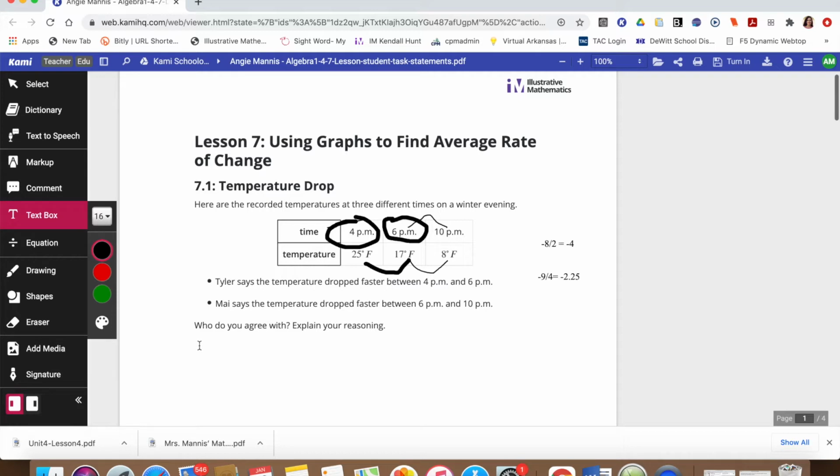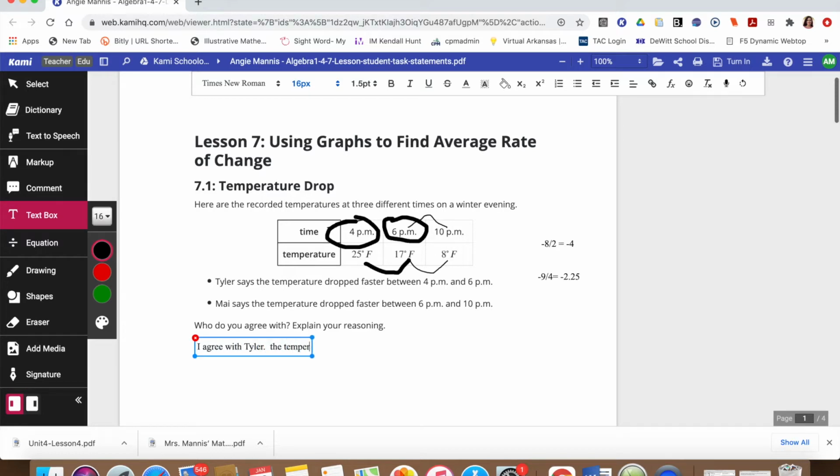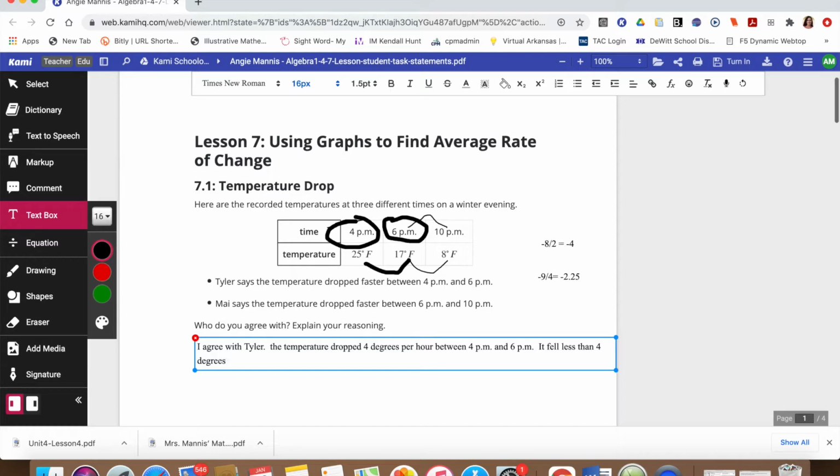So you could say, I agree with Tyler. The temperature dropped 4 degrees per hour between 4 p.m. and 6 p.m. It fell less than 4 degrees per hour in the evening.